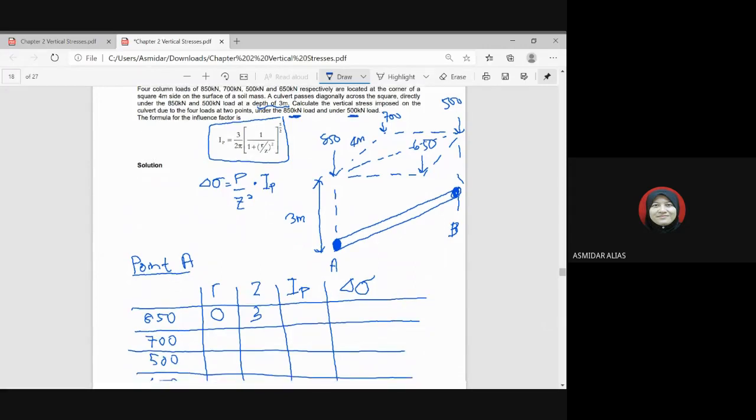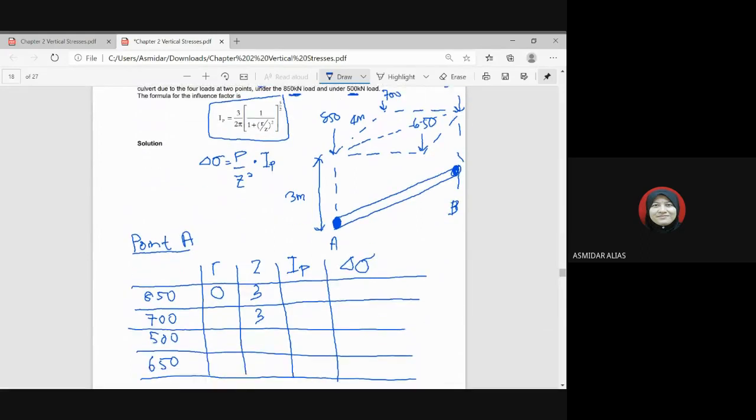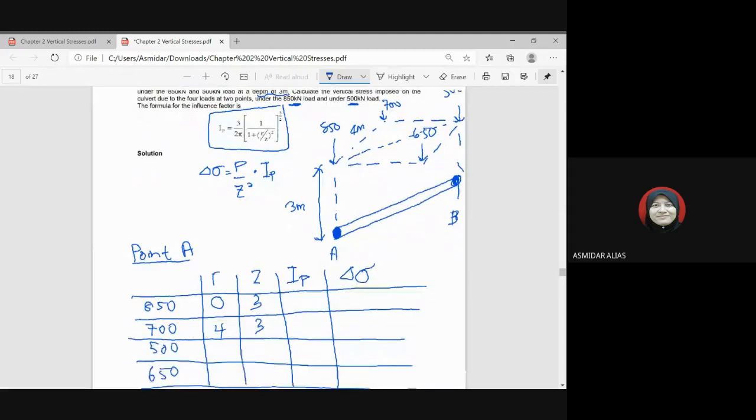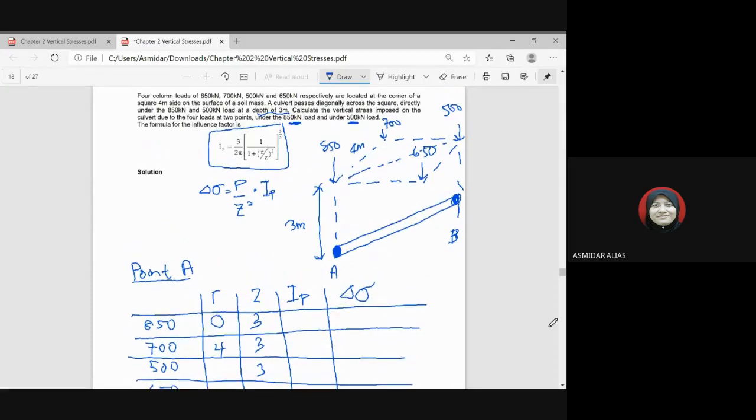Okay, 700 Z maintain 3 tapi dia punya R adalah 4. Okay, untuk load 500 Z dia adalah 3 meter. Tapi untuk dia punya panjang awak kena kira lah ni, diagonal ni.